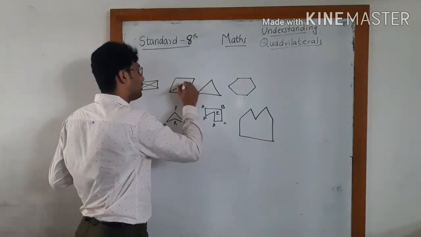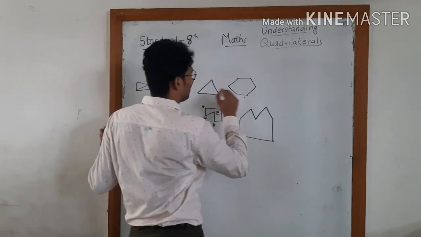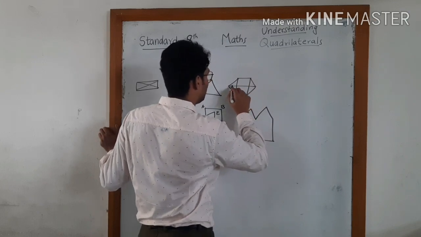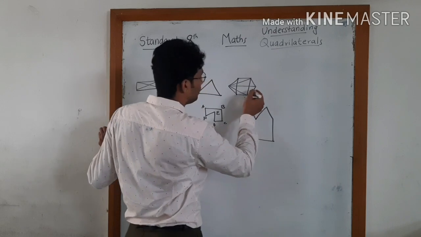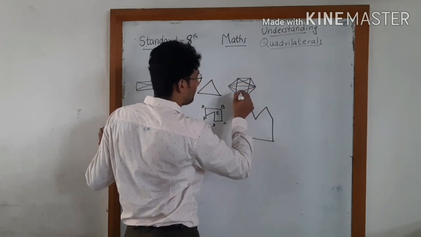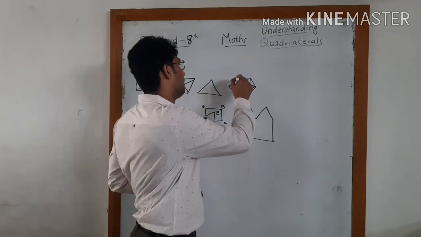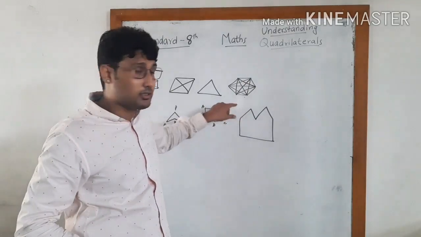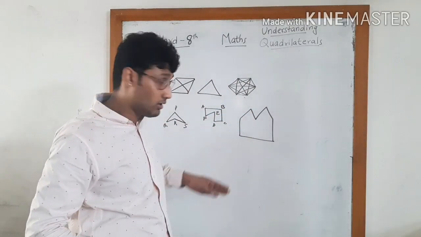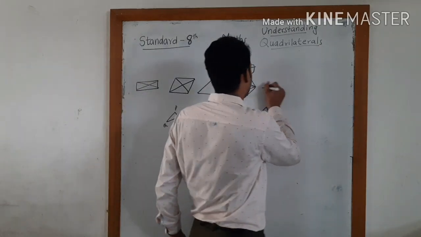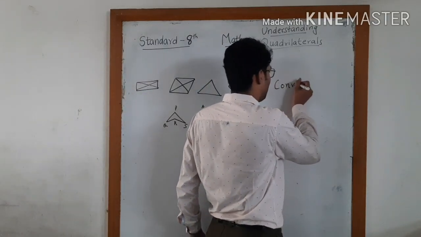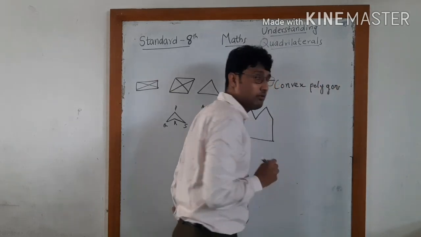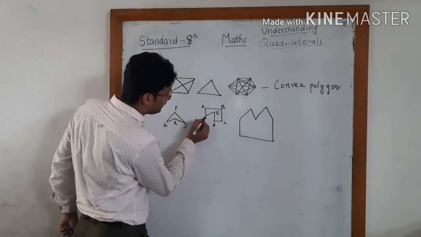All the diagonals are inside the curve, right? Such polygons are called convex polygons.